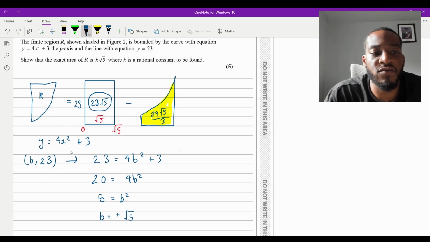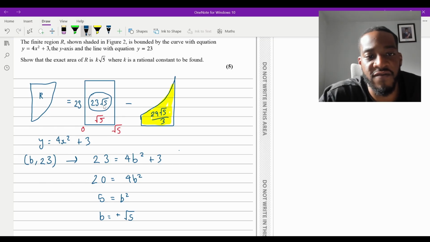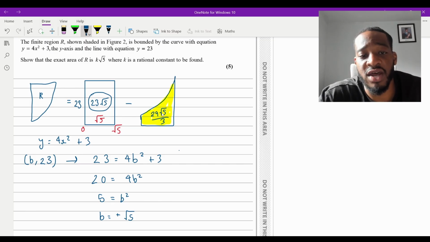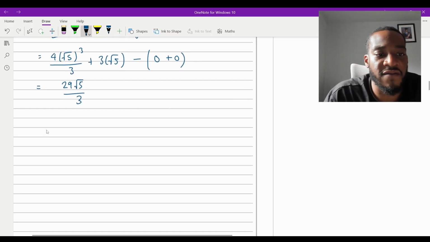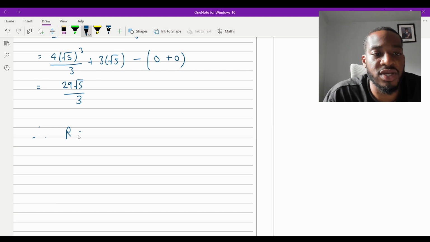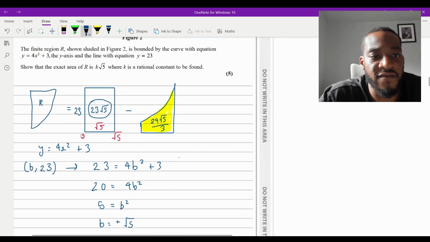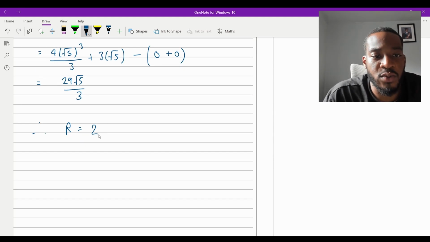So therefore, the answer to the region R is just going to be 23 root 5 take away 29 root 5 over 3. So R is going to equal 23 root 5 take away that area there, 29 root 5 over 3. I'll put this into my calculator and see what it gives me.